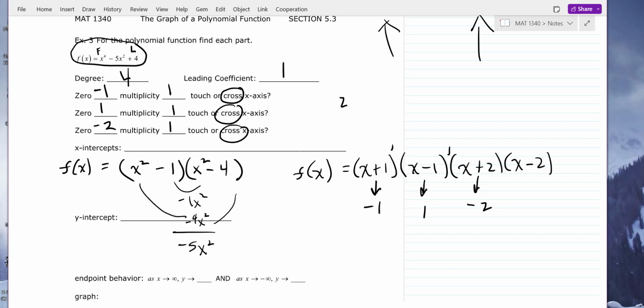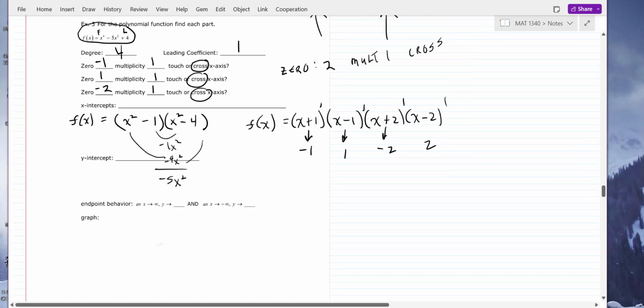And then we got one other one that you need to just add in here. We have a 0 of 2 with a multiplicity of 1. And again, that'll tell you that you cross. Okay, so we got everything we need now to put together our graph. After you get that factoring put together, then you got the ability to put your graph together.